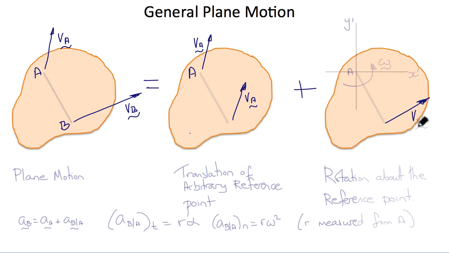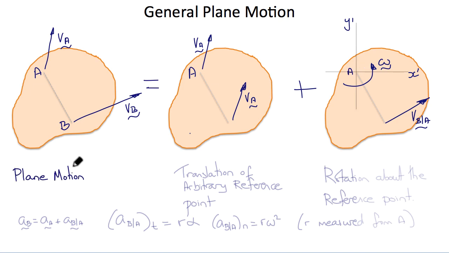So this is the velocity of B relative to A, which is equivalent to angular velocity omega, referenced to a new reference frame x prime y prime that has A as its origin.